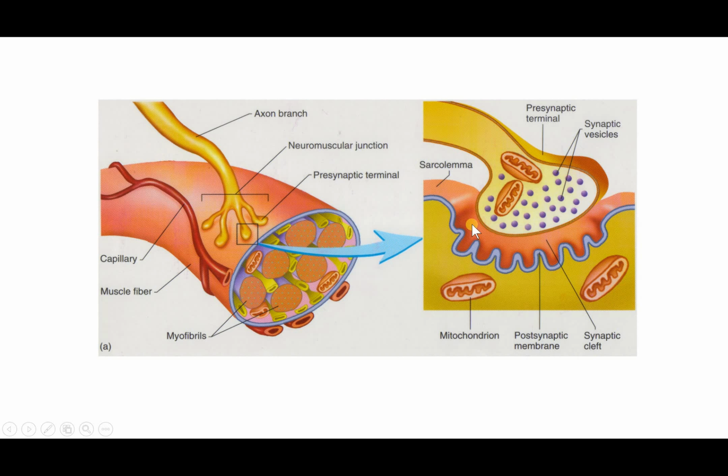Okay, if we zoom in tight, here's the presynaptic membrane or presynaptic terminal, the synaptic cleft, and the postsynaptic membrane. Inside we have synaptic vesicles, and inside those vesicles are neurotransmitters. Depending on the nerve signal, depends on what type of neurotransmitter is released.